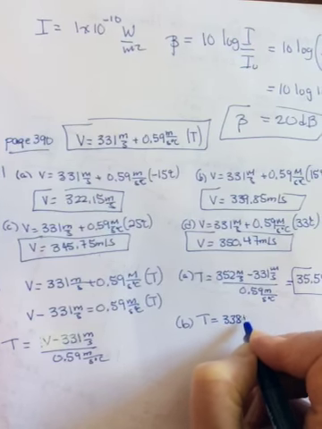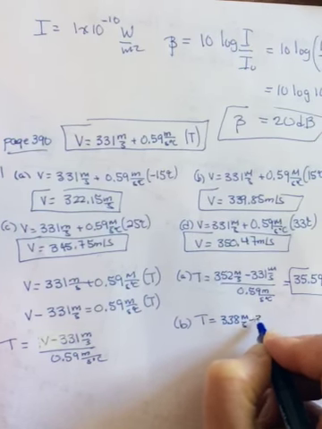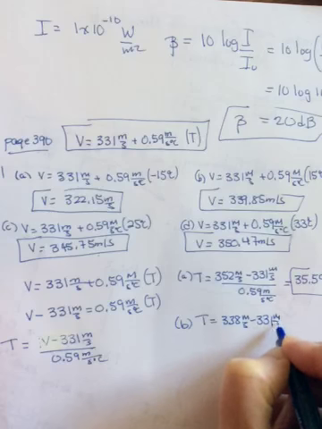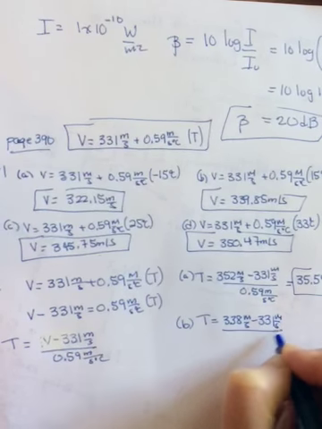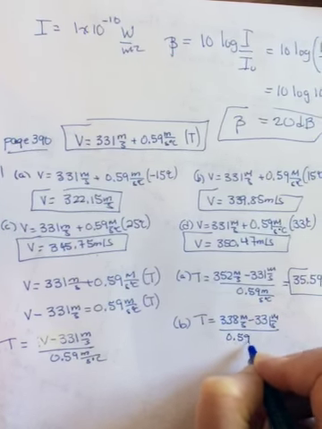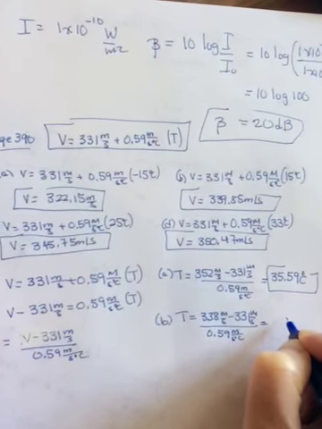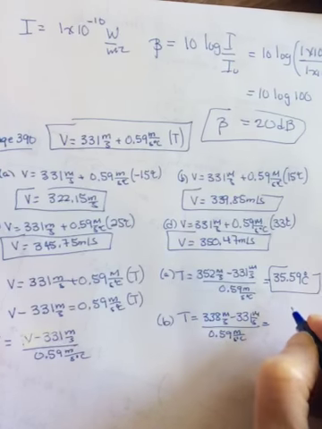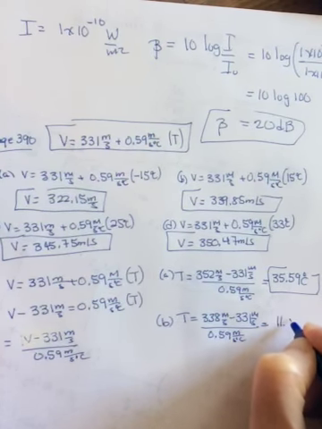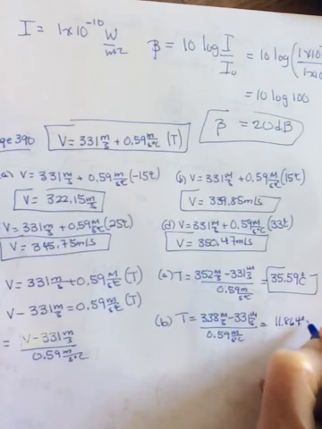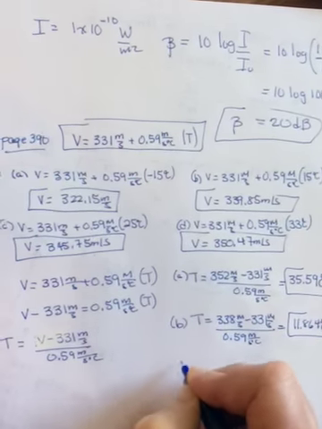So B is 338. So 338 meters per second minus 331 meters per second, that should be about 7, divided by 0.59 meters per second degrees Celsius. And when you do this, you should get 11.864 degrees Celsius.